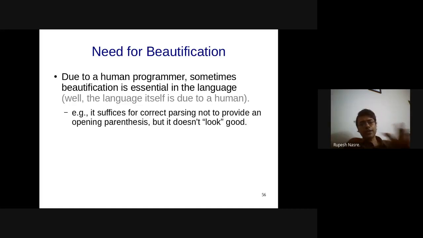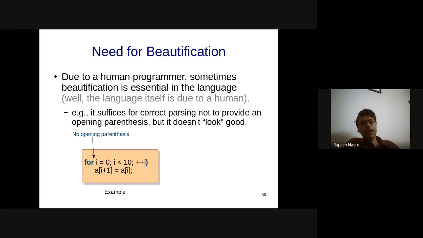But just to give an example in the context of programming languages, it probably suffices if you don't put the opening parenthesis in a for loop. Even if I do not have that opening parenthesis, I should be able to parse this using a similar context-free grammar, because for itself is an important token which tells you how the rest of the syntax is expected.